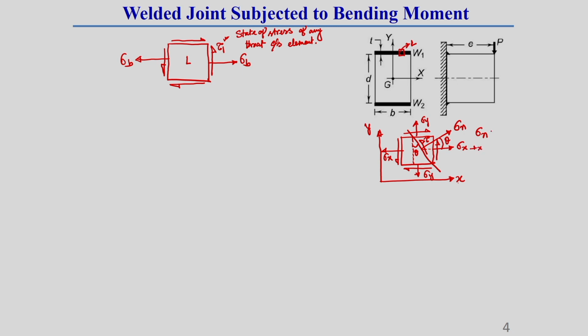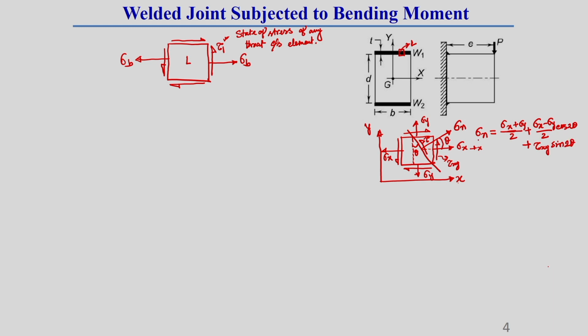So, sigma n is very well familiar to us, which is sigma x plus sigma y by 2. This relationship we can get from the force equation of equilibrium. I am not going into detail about these things. We know it is plus sigma x minus sigma y by 2 cos 2 theta, plus, letting the shear stress be tau x y, tau x y sin 2 theta.